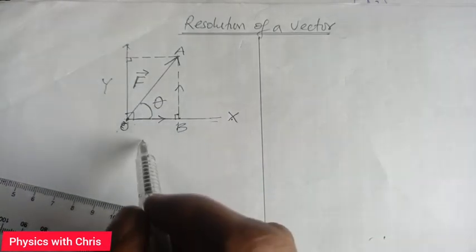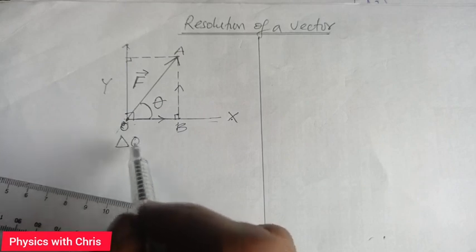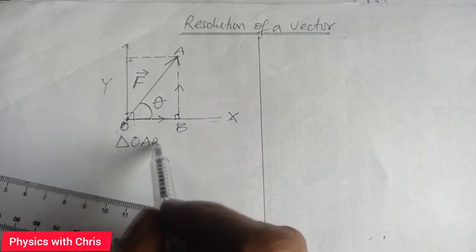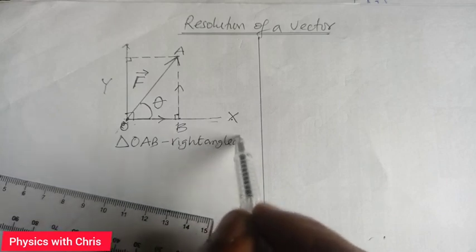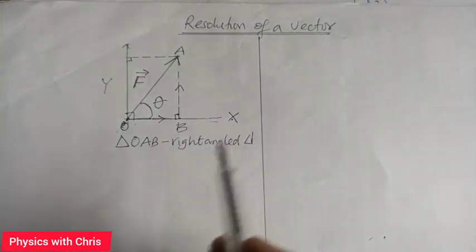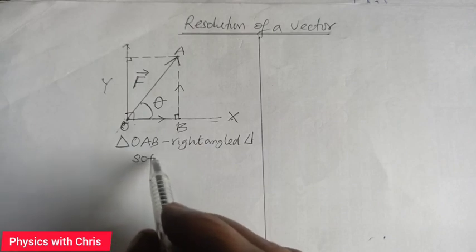Because this triangle OAB is a right angled triangle, I make reference to my SOHCAHTOA.